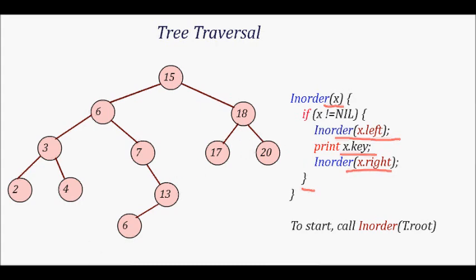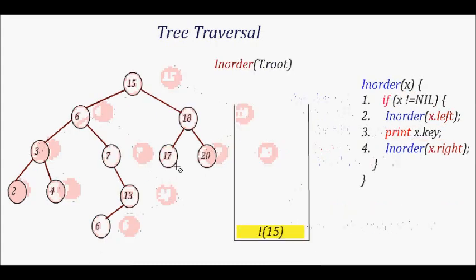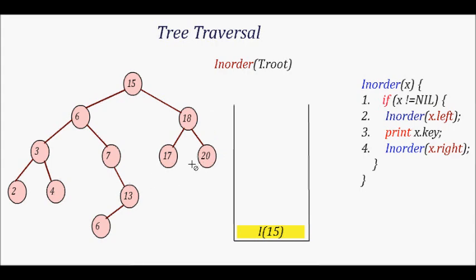Now let's try to trace it so that it becomes easier to understand how it happens. For recursion, it's always very helpful to understand one concept: when we call functions, there is a stack, and these functions are pushed on the stack.